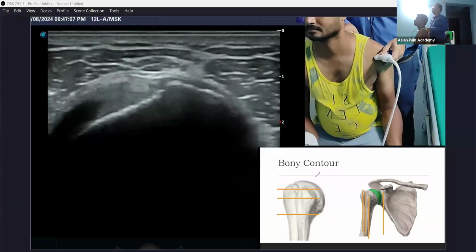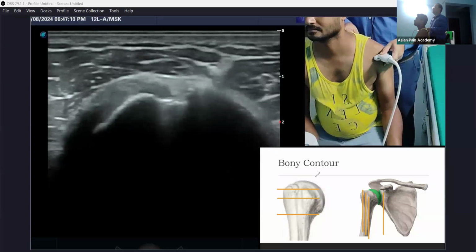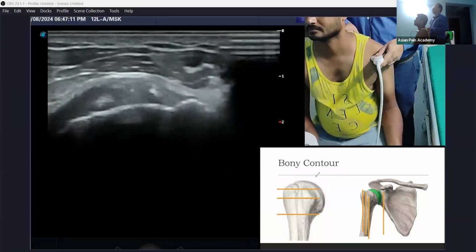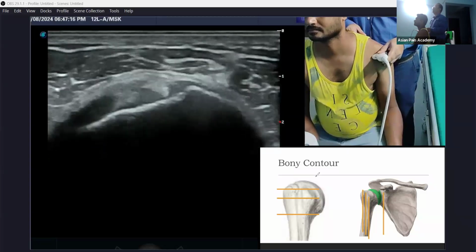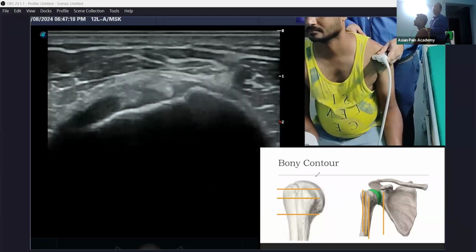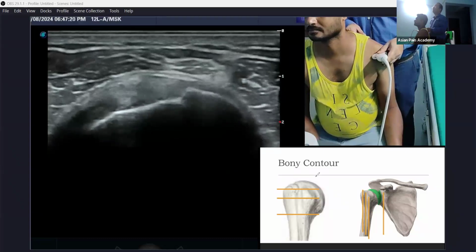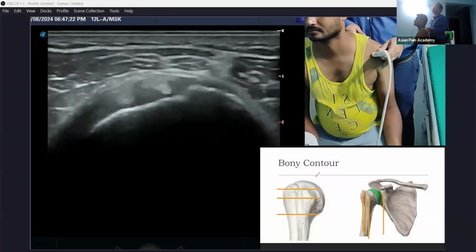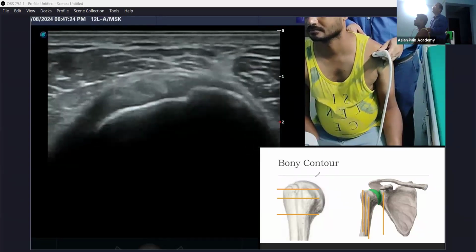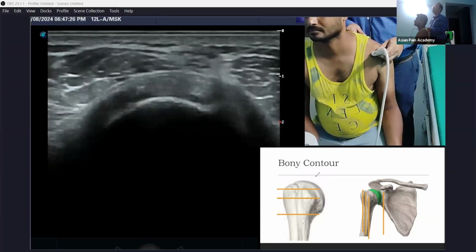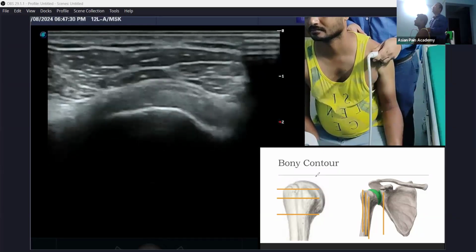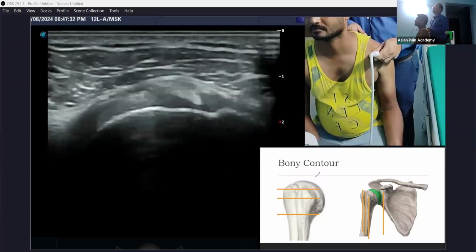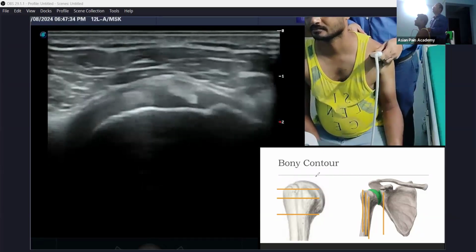Gradually, here in this area, you can see there is no groove, no more groove here. So this area is the starting of the joint. Here the groove is not there.